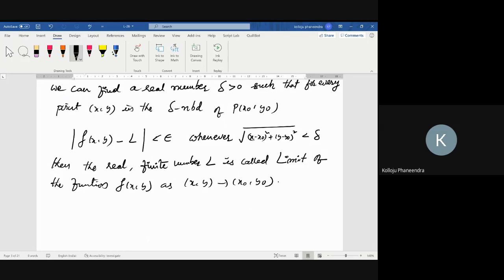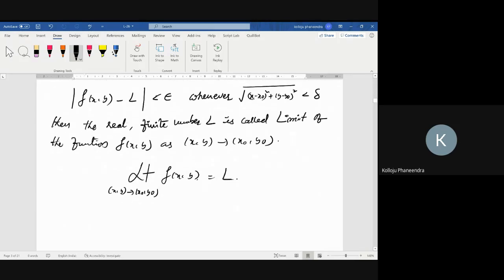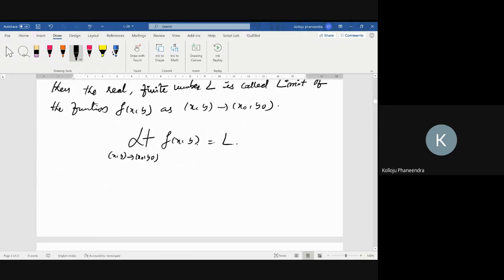Symbolically we can write this as limit of f of x comma y, as x comma y tends to x naught, y naught, is equal to L. Or you can represent this as limit of f of x comma y as x tends to x naught, y tends to y naught, equal to L.